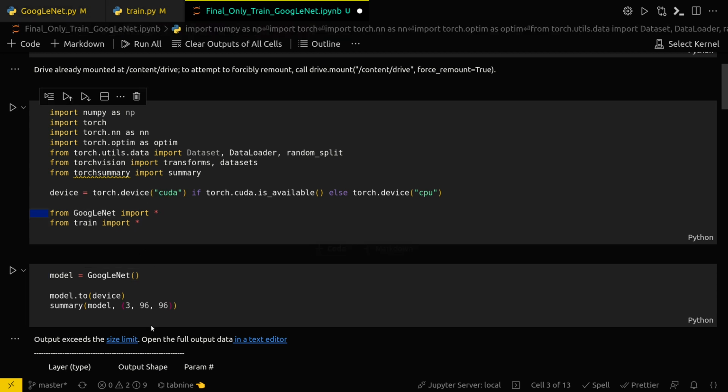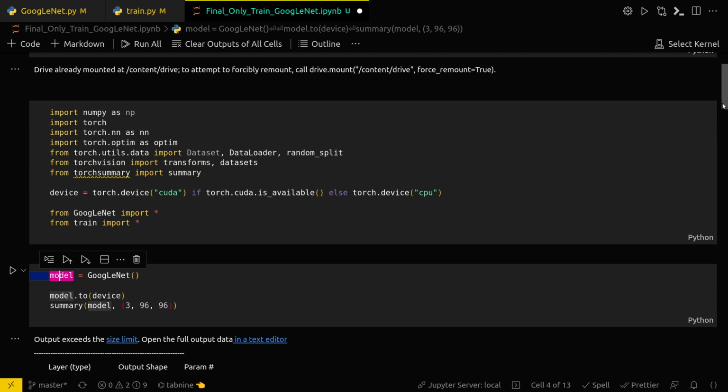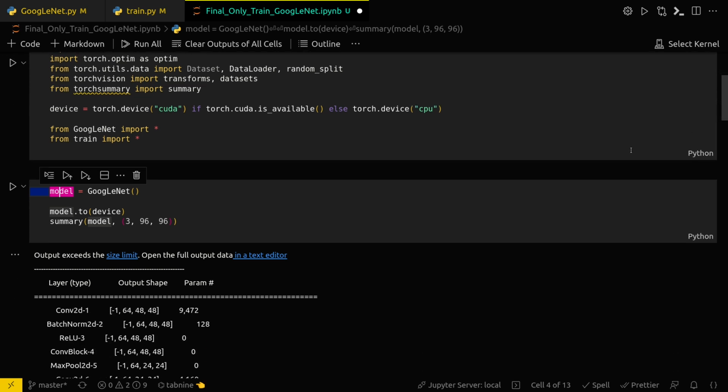I'm importing everything with the star, and then I'm declaring this model variable to be an object of this GoogleNet class. And then to that model, I'm passing a random tensor, as a tuple, to get an initial summary of my model and how it performs.